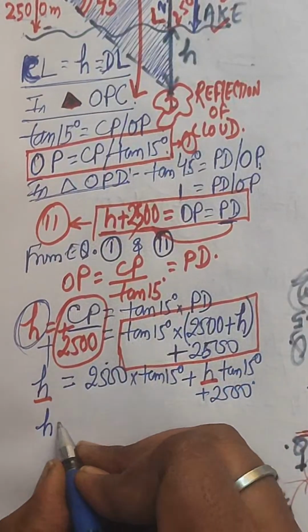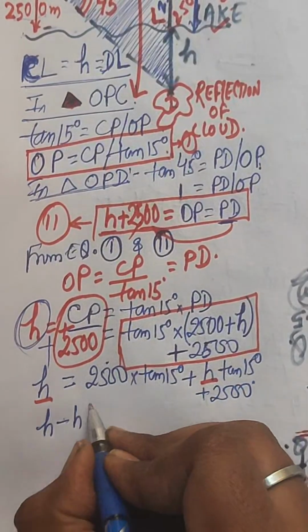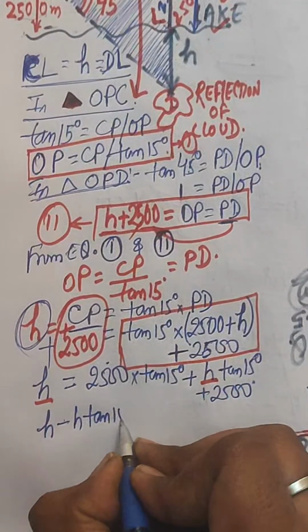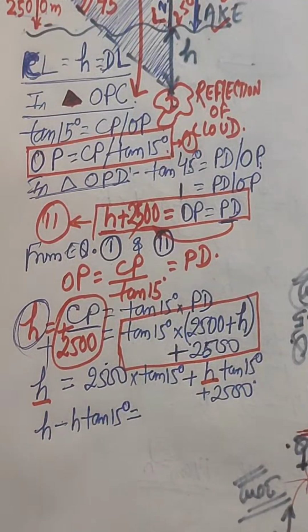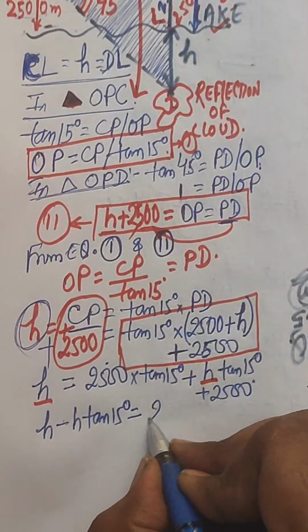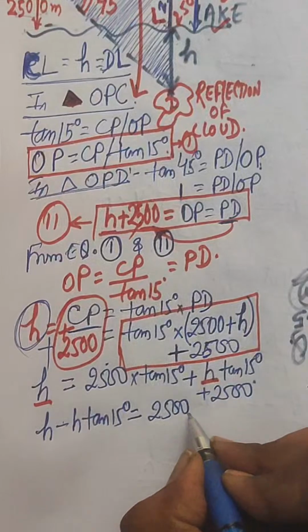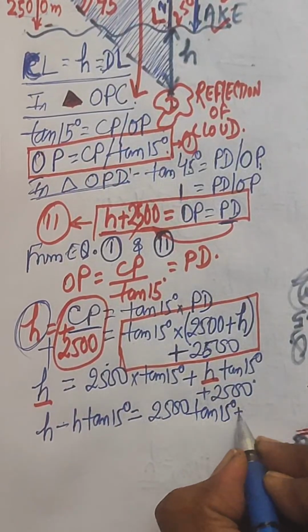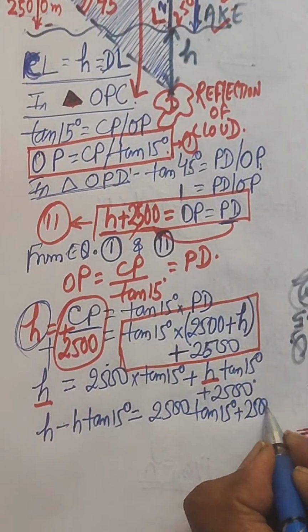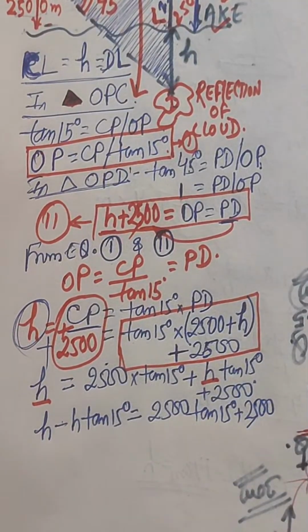Then we can say H minus H times tan 15 degree into the LHS is equal to 2500 into tan 15 degree plus 2500, right?